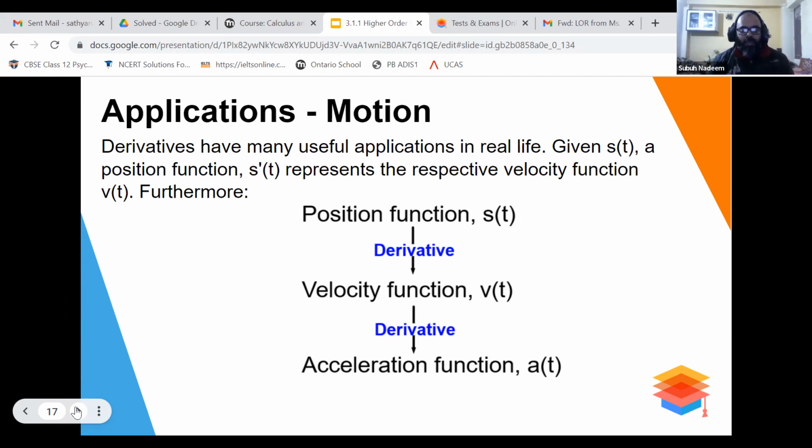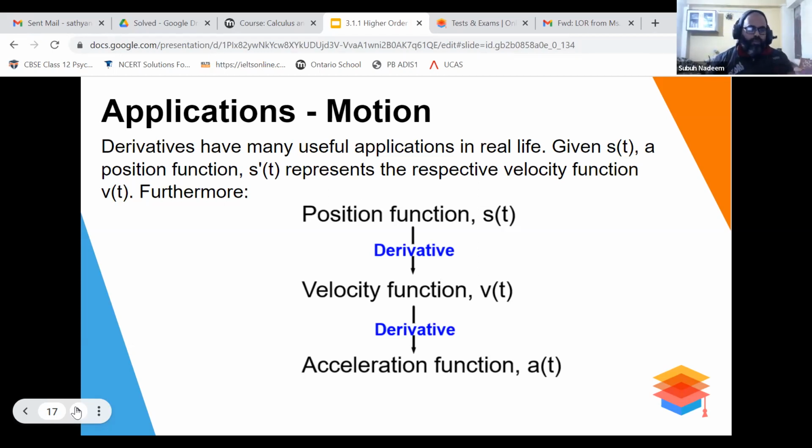Another car may have a lower maximum velocity, but very good acceleration, changing its velocity very fast, like a sports bike. Pickup is very good. So the rate of change of position is velocity, and the rate of change of velocity is acceleration.